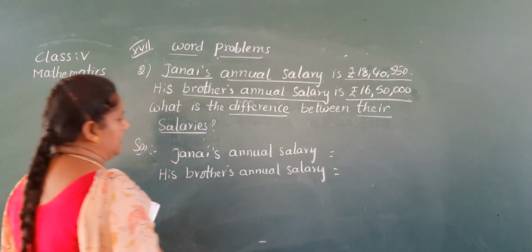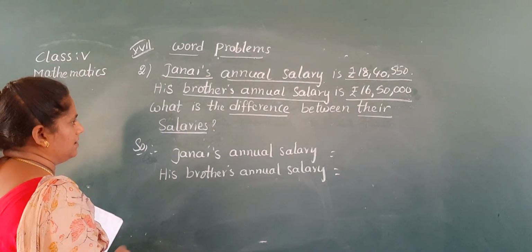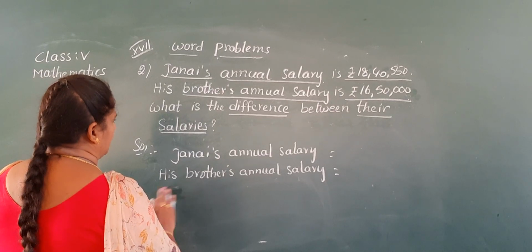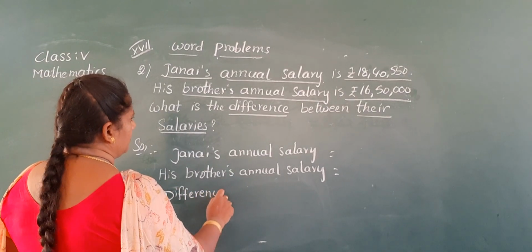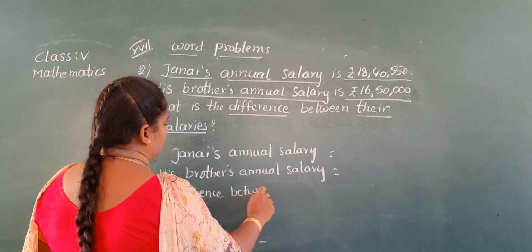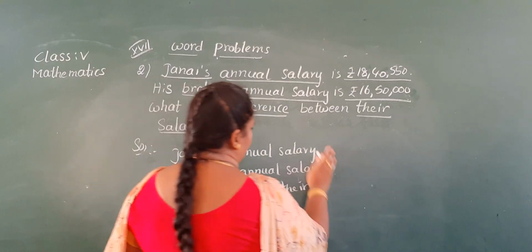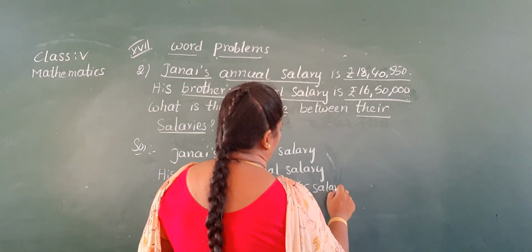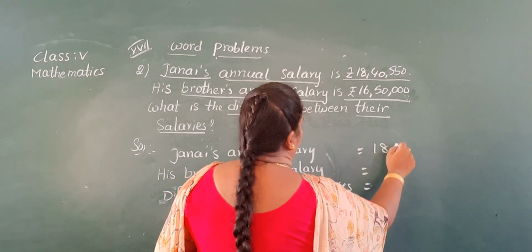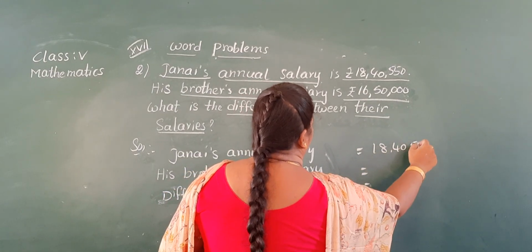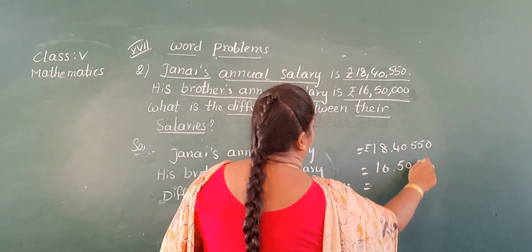Or otherwise you will write annual salary of the Janai and annual salary of his brother. Now difference between their salaries. First one 18,40,550 and next one 16,50,000.